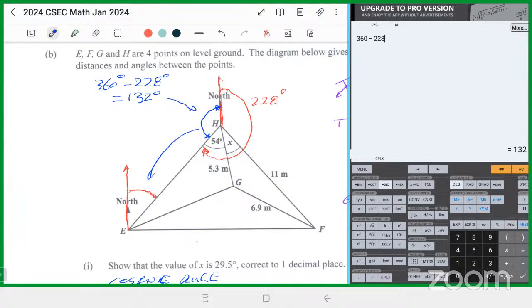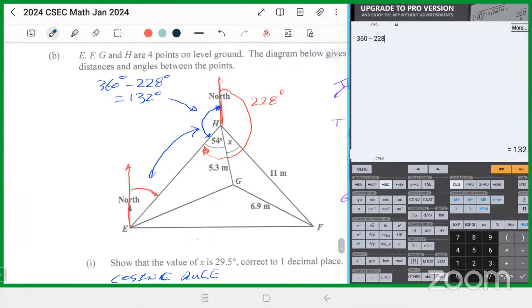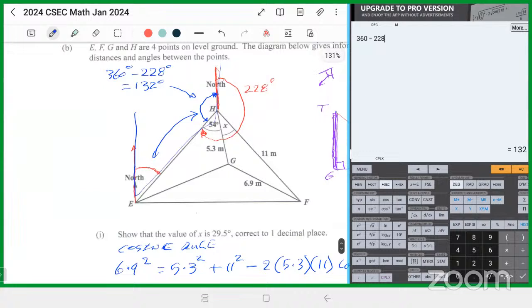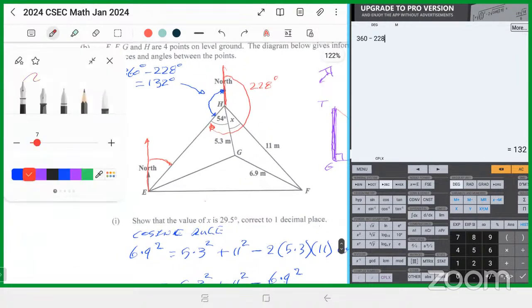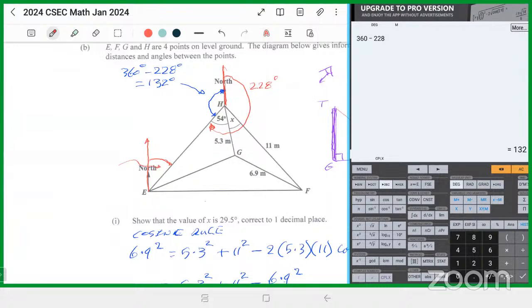And then these two angles are what we call co-interior angles. They are angles in a U. That appears to be a U. The angles in the base of the U add up to 180. So those two angles add up to 180 degrees. And so the bearing angle that they want is going to be 180 degrees minus this 132 degrees.